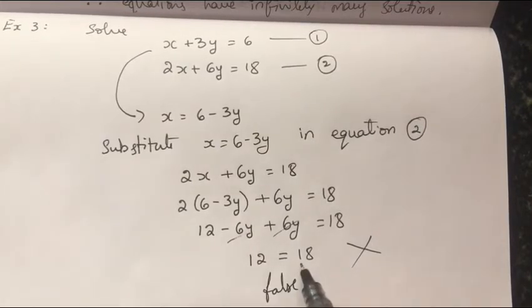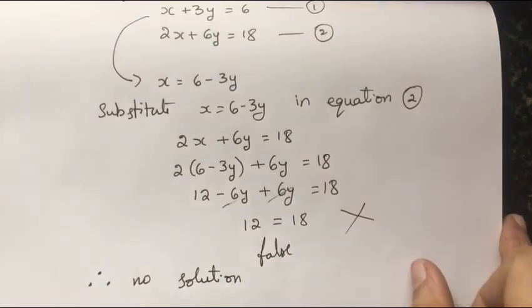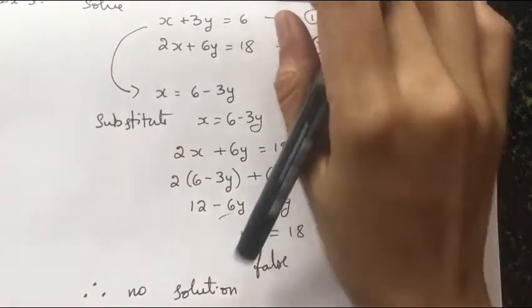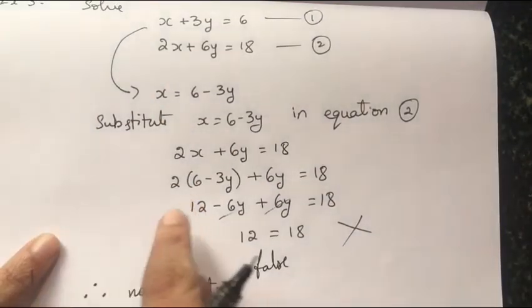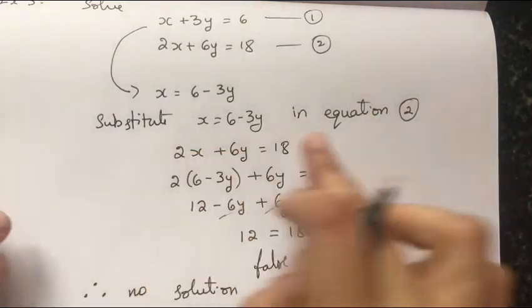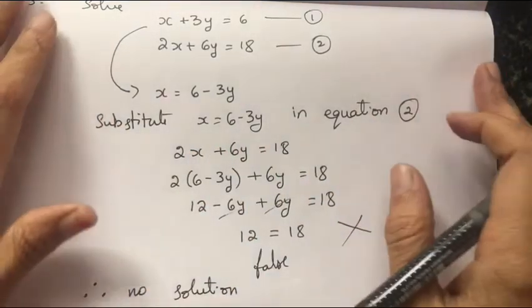If the statement is false, then you can directly write no solution for this pair of linear equations. You got the point? You have to check every time. You have to write one variable in terms of the other and then go for substituting. But when you go for substituting, you may come across these three situations.